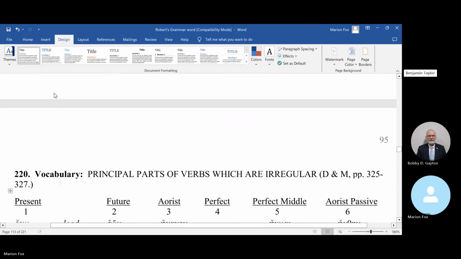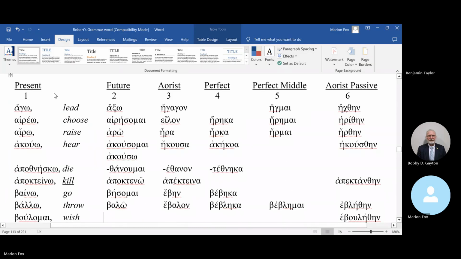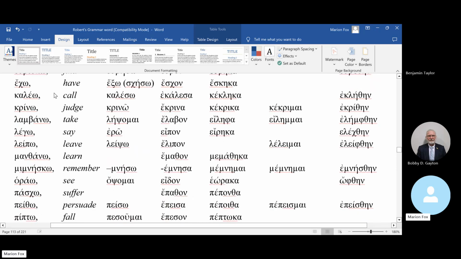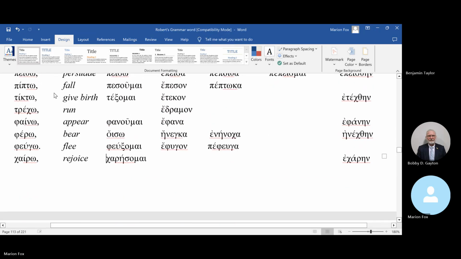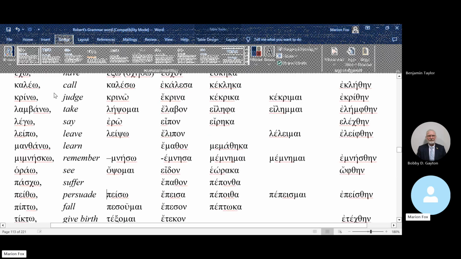All right, yeah, section 220 again. Okay. So what I want us to do is pick a couple of these words and try to see if we can figure them out.